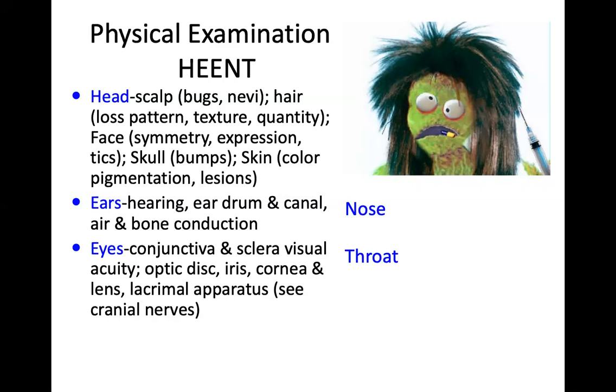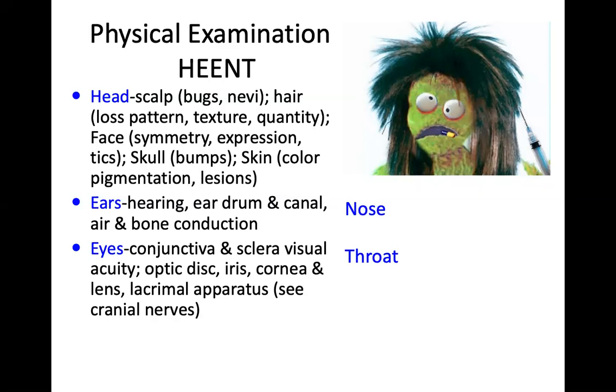Okay, eyes are conjunctiva and sclera, the visual acuity. I don't look at the optic disc. If they have a problem, I always send them to an ophthalmologist or an optometrist, because I can't do an ophthalmic exam nearly as well as they can, and they can document it.